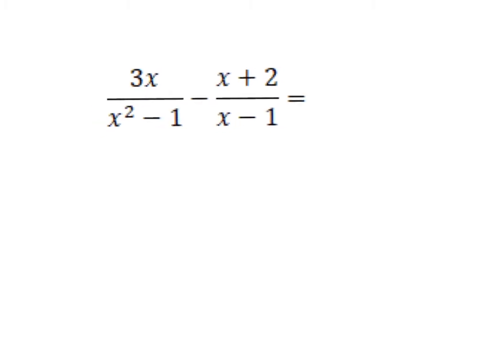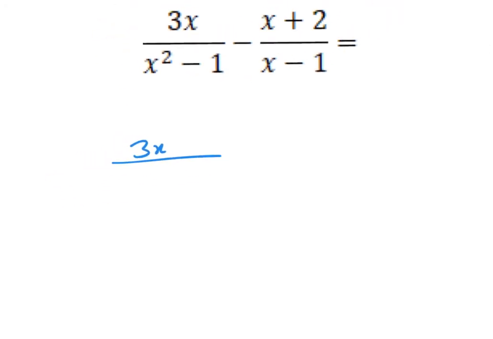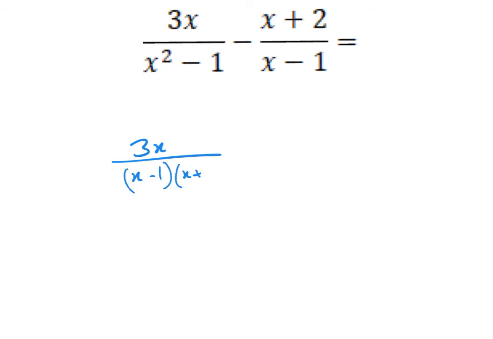So let's do this one here. We have 3x over x squared minus 1, which will be x minus 1 times x plus 1, right? And minus, here we have x minus 1 in the numerator and x plus 2 in the denominator. We need to find the LCD.